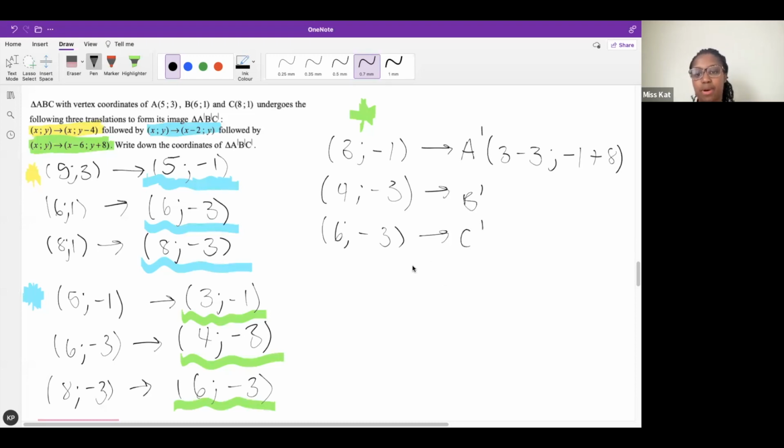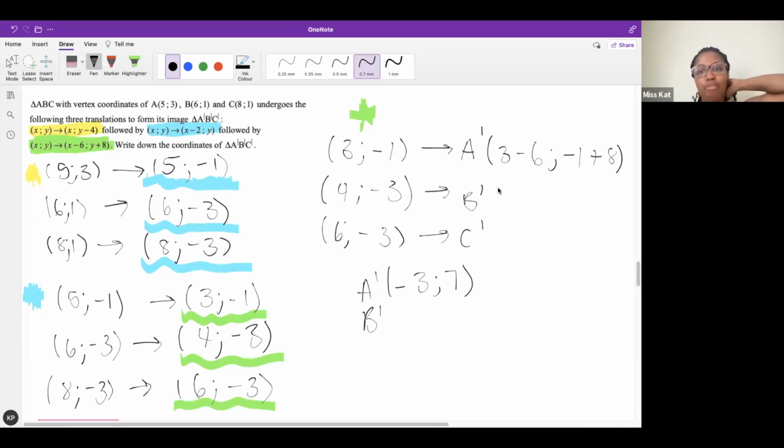So at the end, our A prime will be -3 and 7. Where's this -3 coming from? 3 minus 6 is -3. So A, you guys said is -3 and 7. That would be correct. Now let's do B prime.